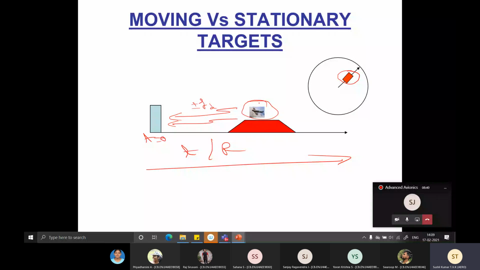What you learned in high school, like a train whistling as it goes past a platform, the frequency changes, though the actual frequency emitted by the horn is the same, whereas what we hear changes. So we'll have to use this phenomenon of the Doppler effect.